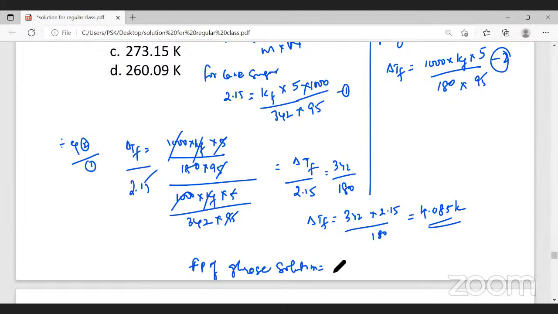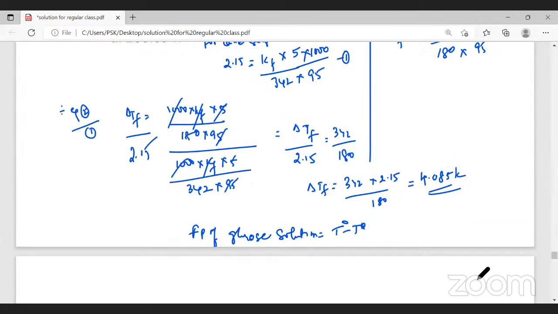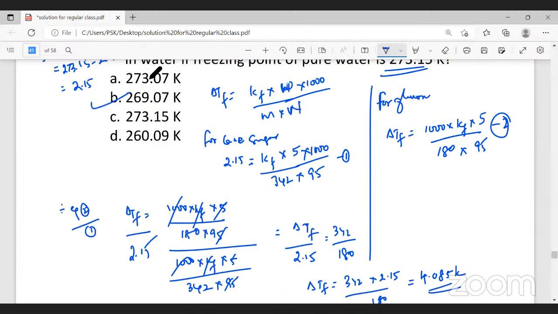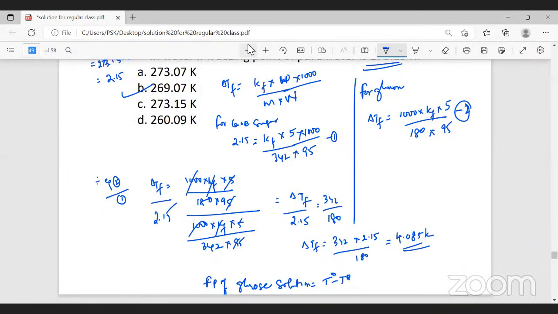It will be T naught minus T, sorry, that is 273.15 minus 4.085, which is equal to 269.07 Kelvin. Therefore, the answer for this question is option B, 269.07 Kelvin. Please just observe this. You have understood this? Students, did you follow this?